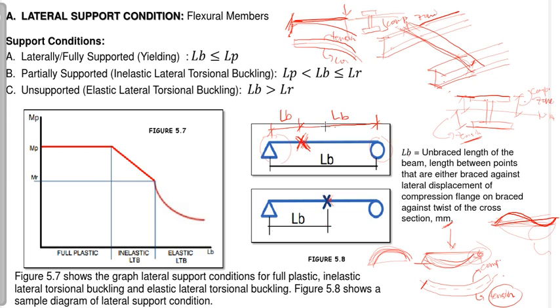And yung lateral support natin is nasa compression zone pa rin nung ating beam section. Okay? So, yan yung pag-identify natin kung ano yung value ng Lb natin. Alam na natin yung pagkuha ng Lb, yung unbraced length nung ating beam.